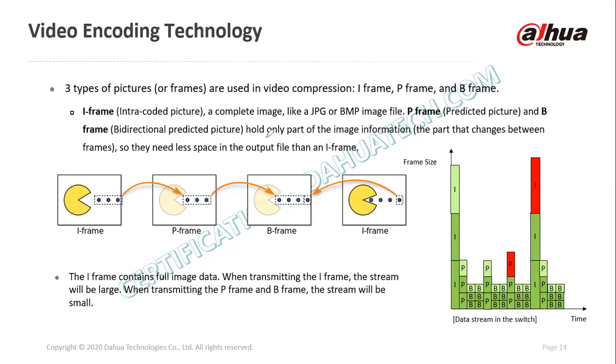The B frame is bidirectional and holds only the part of the image that changes between the former and latter frames. The B frame will be found behind the last frame, while the P frame will be in between. It will check with the last frame, then do compression, and realize what is changing in the last frame.